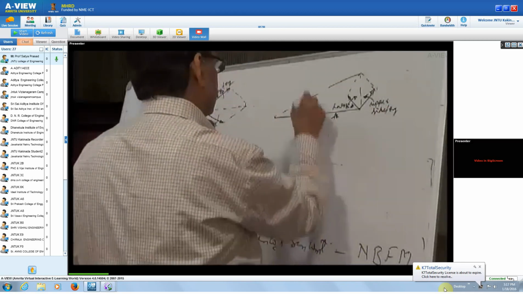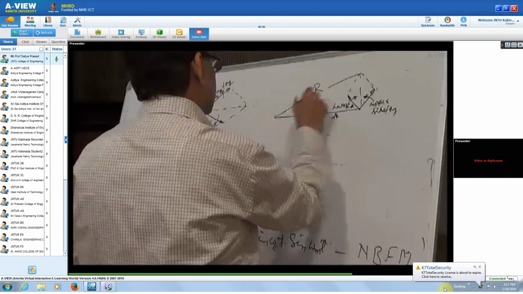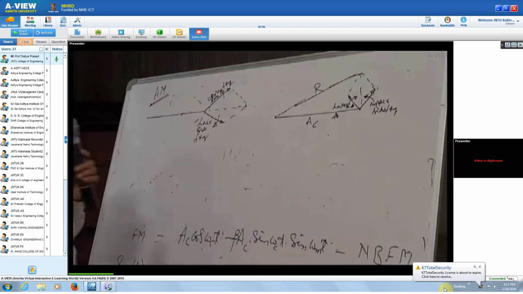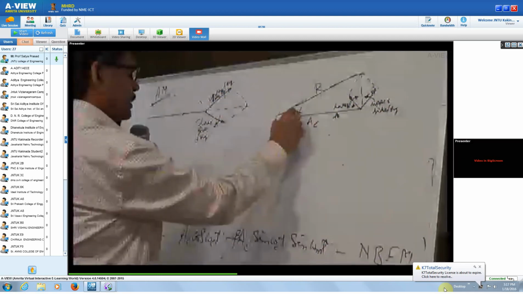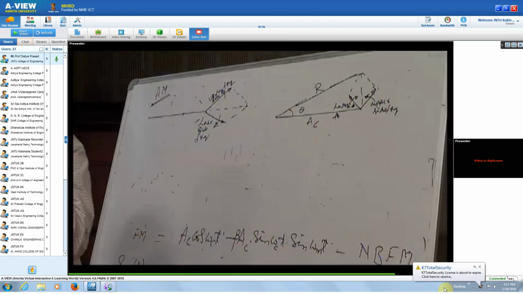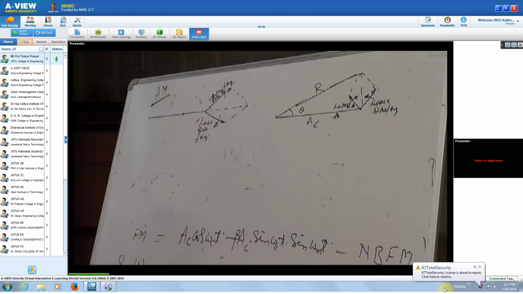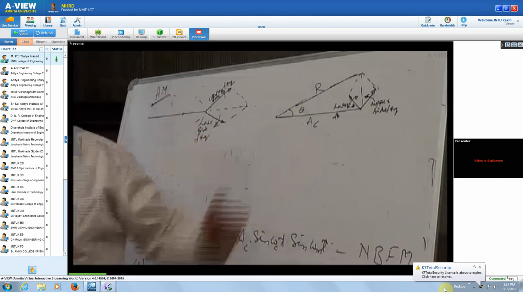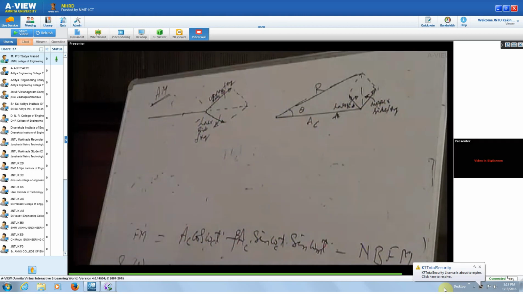This is your Ac and this is your resultant, at some angle theta or phi. Phasor diagram of your frequency modulated signal.